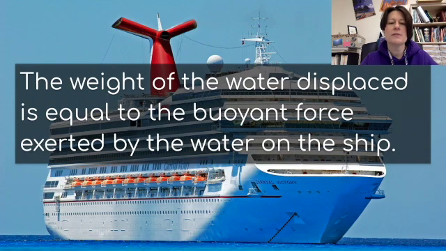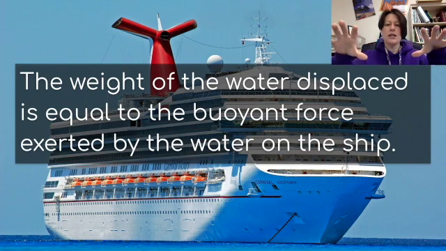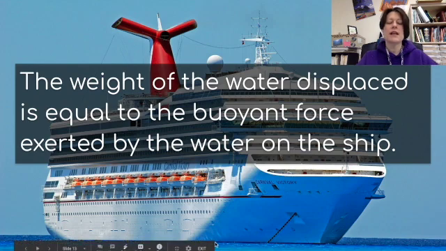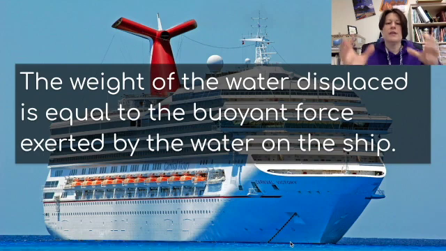The weight of the water displaced is equal to the buoyant force exerted by the water on the ship. So the ship is made in such a shape that it is mostly air, and also its area is spread out over the surface of the water. If we just took the amount of steel in that ship and crumpled it all up, then it would sink.